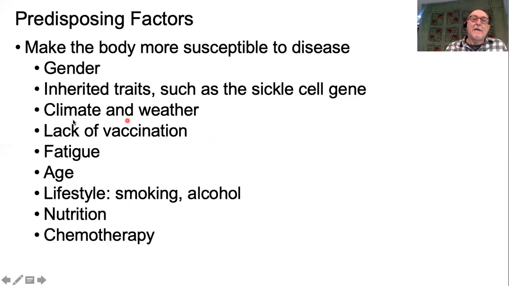Unfortunately, many of these vaccination programs are now becoming unpopular for various reasons. And in those areas where people are not vaccinated or their children are not vaccinated, many diseases, measles, mumps, these kind of diseases are making an epidemic reappearance. So lack of vaccination is definitely a predisposing factor to getting the disease.